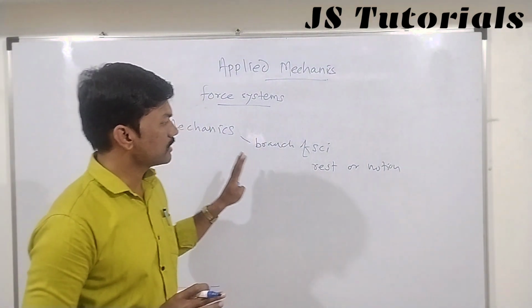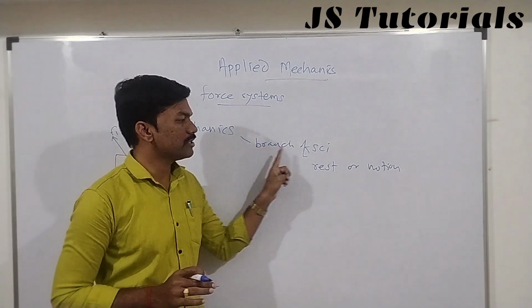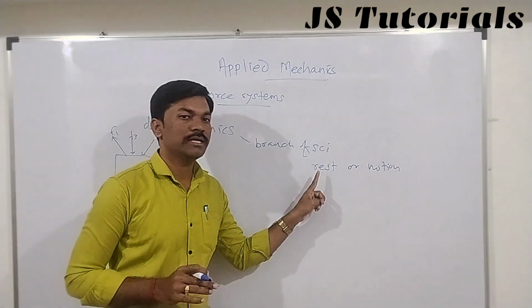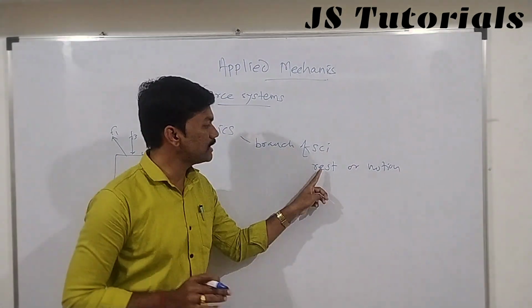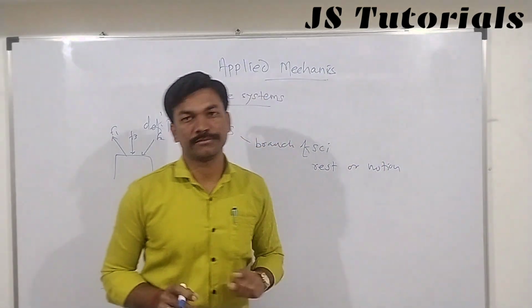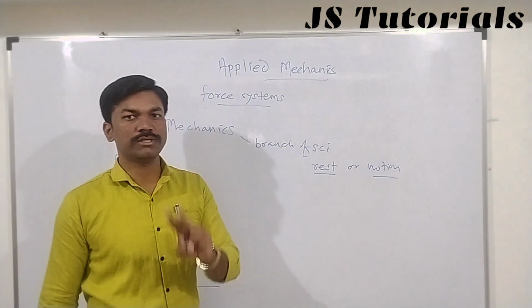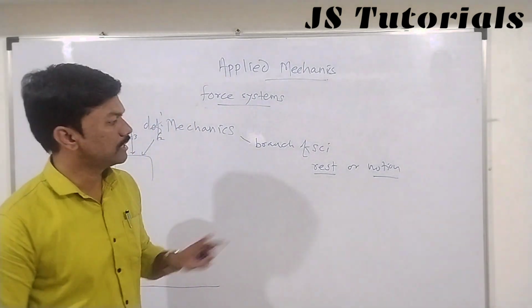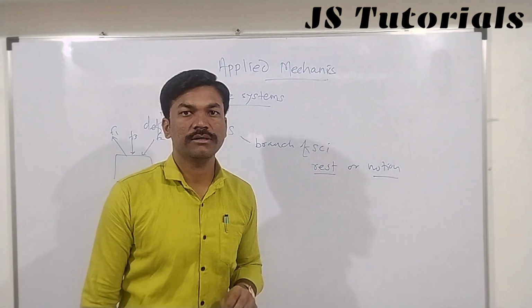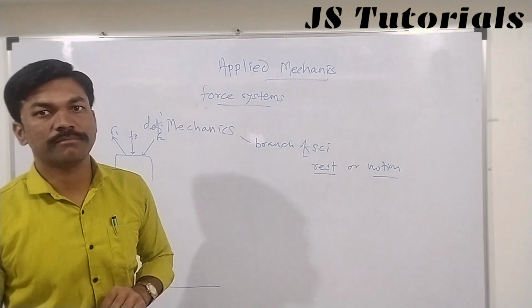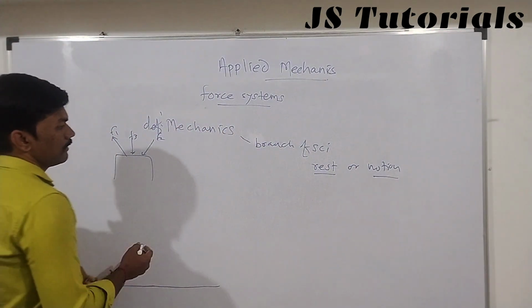So the mechanics definition starts with: the branch of science which deals with the action of forces on bodies at rest or in motion. Two words should be remembered by students, that is rest or in motion. This is the definition of applied mechanics, or mechanics.